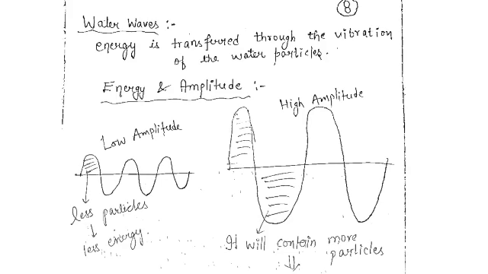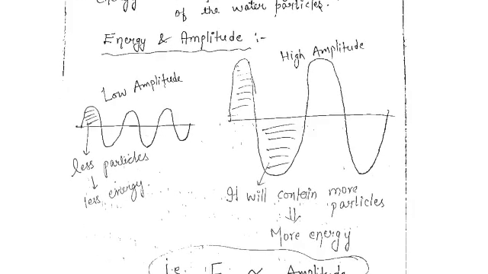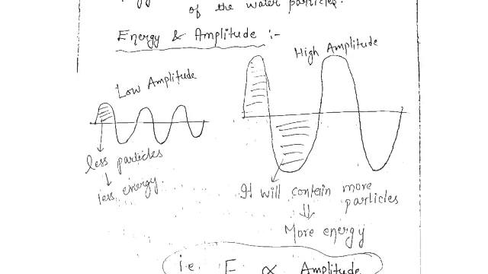Now here you can see that the wave on the left-hand side has low amplitude, because the height of the wave is low. The area under the pi region, or half of the complete wave, is comparatively very low. If you look at the wave on the right-hand side, the area under half of the wave is much higher than on the left.